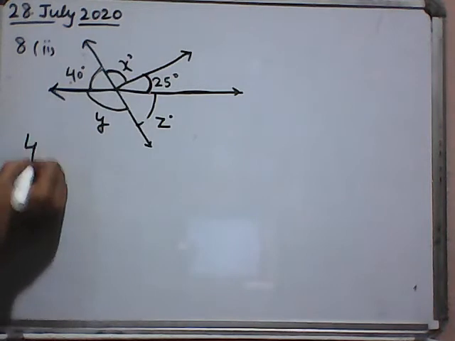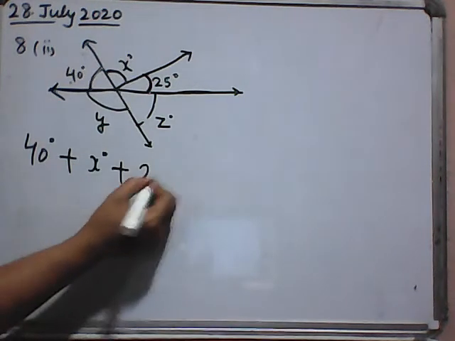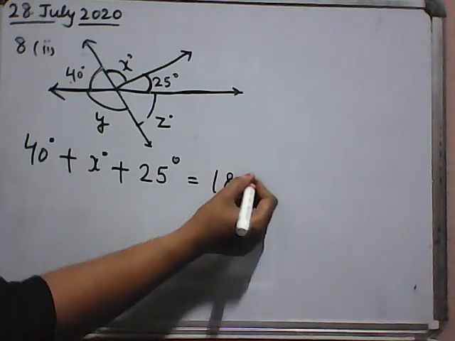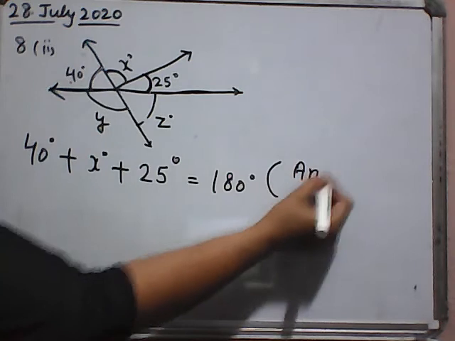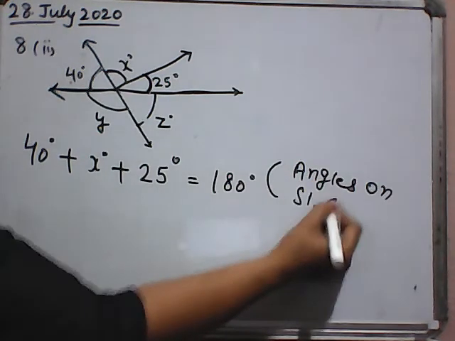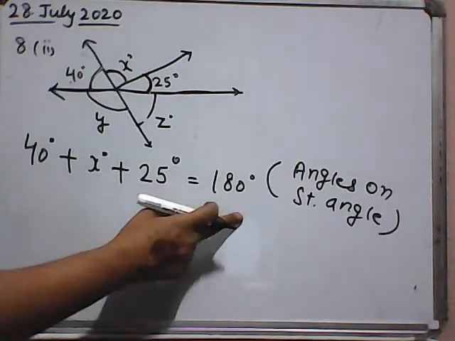So, 40 degree plus x degree plus 25 degree, the sum of all these angles is 180 degree, as angles formed on a straight line give a sum equal to 180 degree.